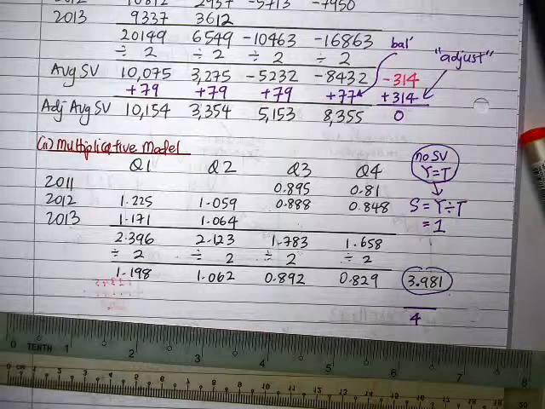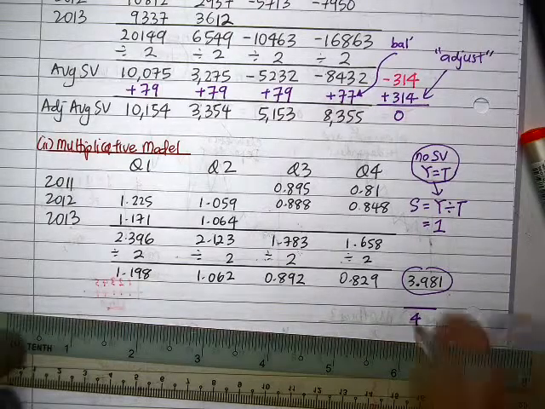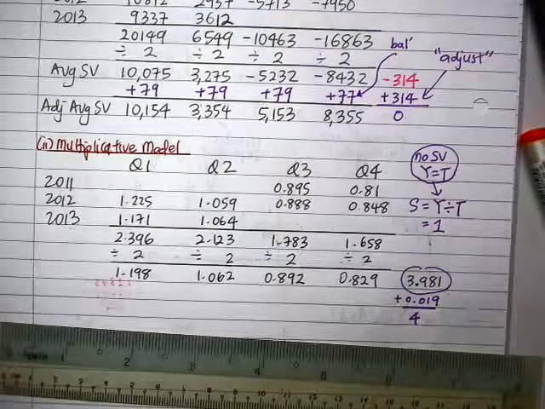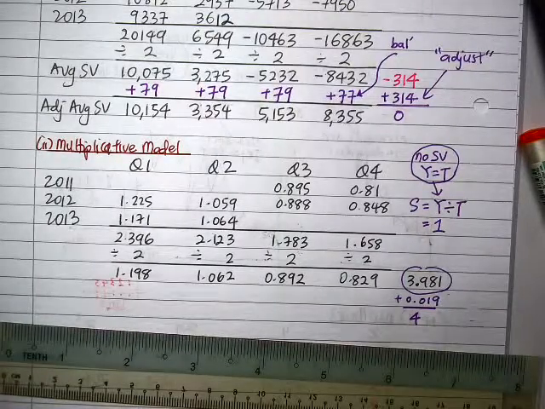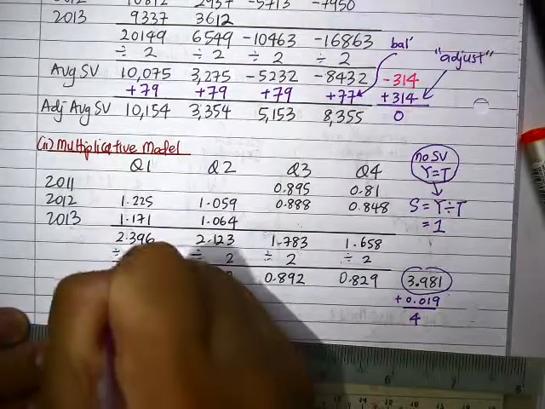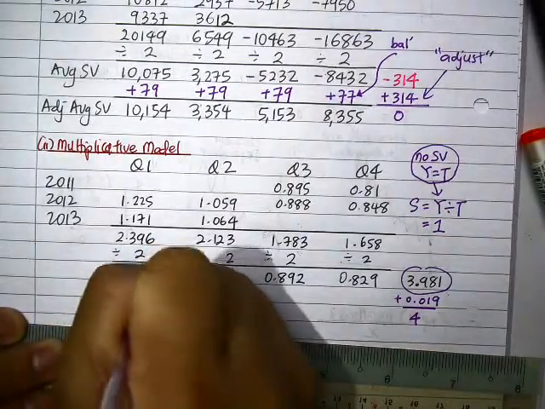So how to make this into 4? 3.981 minus 4 will be 0.019. Now, 0.019 divided by 4 is going to be 0.005.